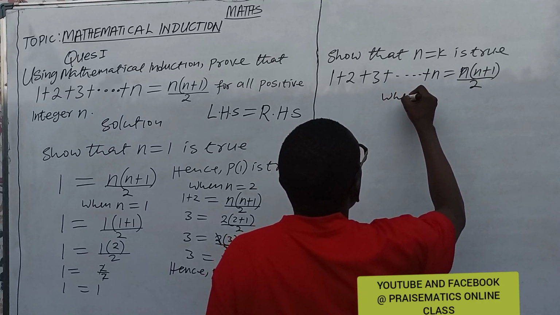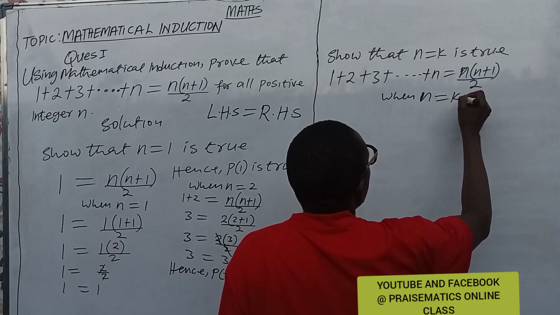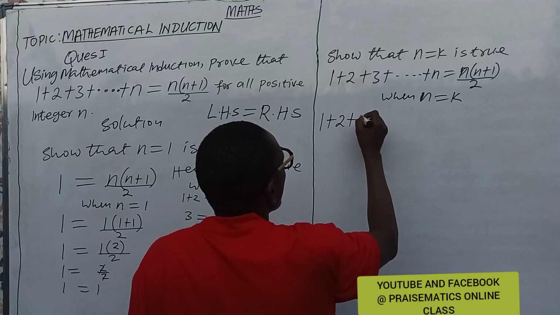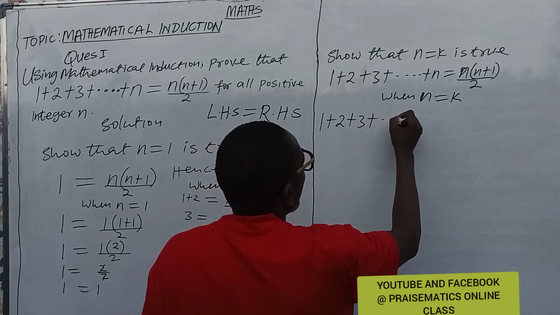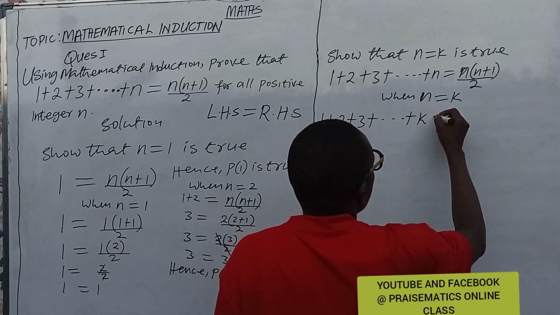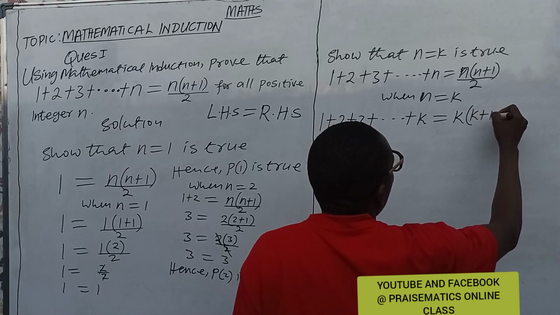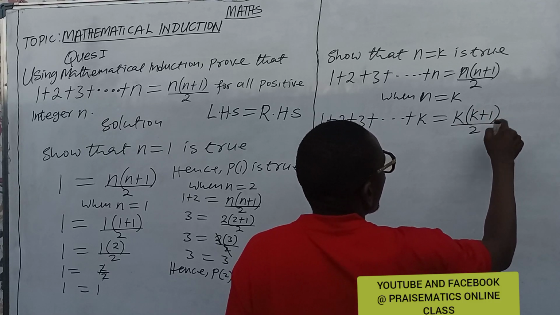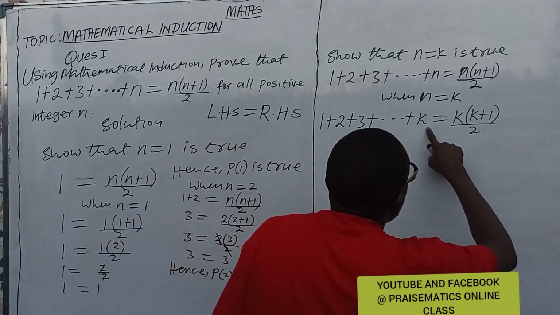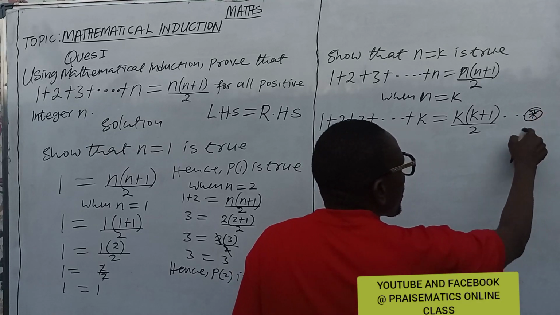Now when n equals k, we substitute: 1 plus 2 plus 3 plus up to k equals k into k plus 1 all over 2. You should not expand it, but if you like, you can. It means that everything here is equal to this. So be careful with this. You can call this equation X. Be careful with it.